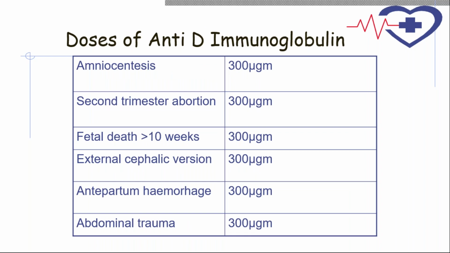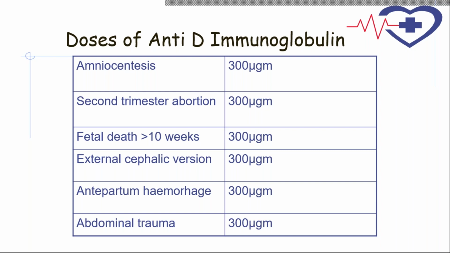Then these are the situations where you have to give a higher dose of anti-D. These indications are amniocentesis, second trimester abortion, that is more than 13 weeks period of gestation, fetal death more than 10 weeks, that is IUD, external cephalic version when we are doing it, then antepartum hemorrhage.